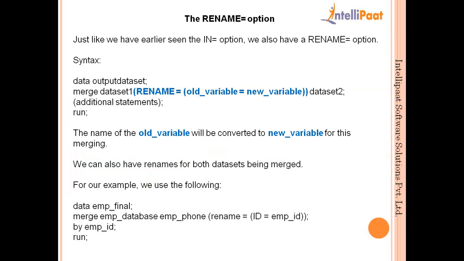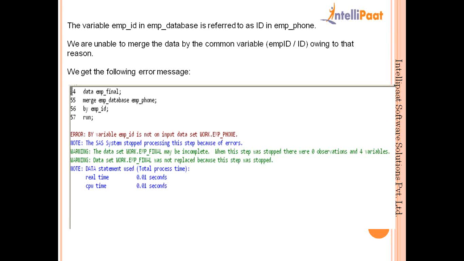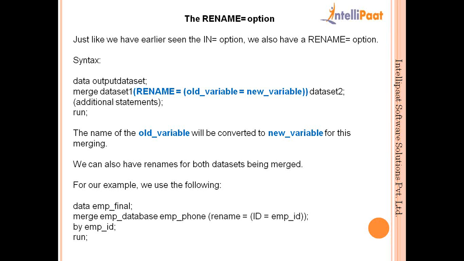So in order to overcome this situation, so that we do not get this problem again, we need to use the variable employee ID, or we can use the rename option. Just like we have earlier seen in the option, we also have a rename option, and the syntax would be: merge dataset 1, rename old variable to new variable, dataset 2, and an additional statement, whatever you want to write.